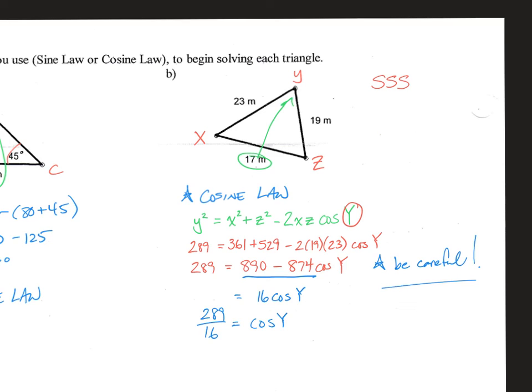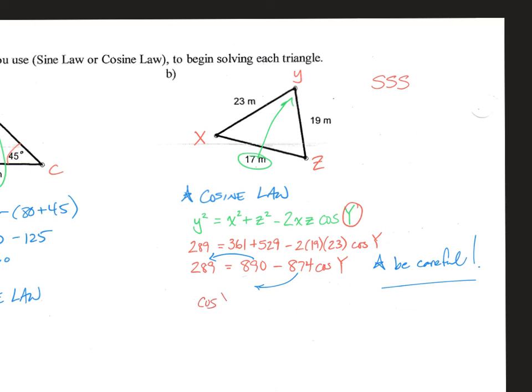So I want to make sure that we avoid all of that blue writing as we go through. When we take a look at trying to solve for y, we're going to recognize that the two terms on the right side of that equal sign are not like terms. And so what I can do is get rid of that 890 and then divide out my negative 874.